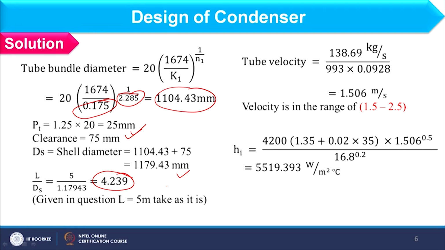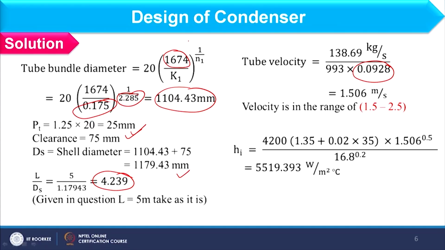So, let us move towards the calculation of tube velocity. As far as tube velocity is concerned, we have to find out the cross sectional area. Whatever number of tubes are available to us, that should be divisible by 4. Here you see the number of tubes is 1674, right, and if I divide this number by 4, it will come as a decimal value.